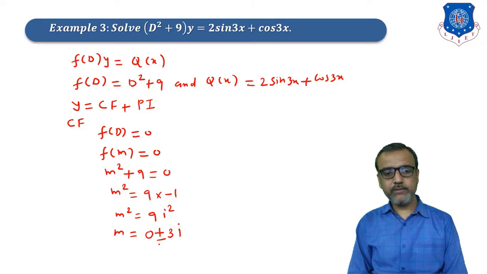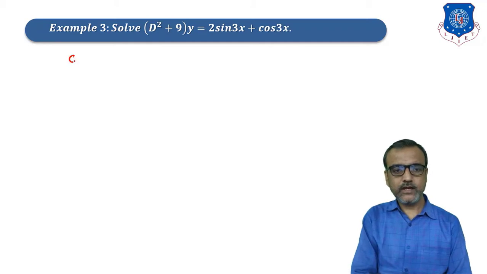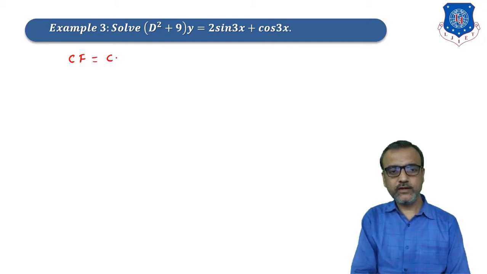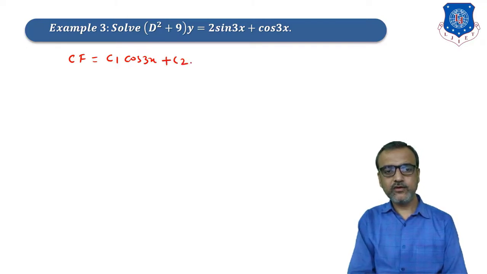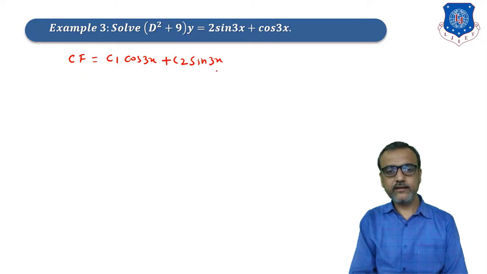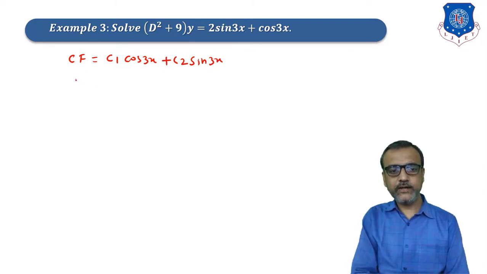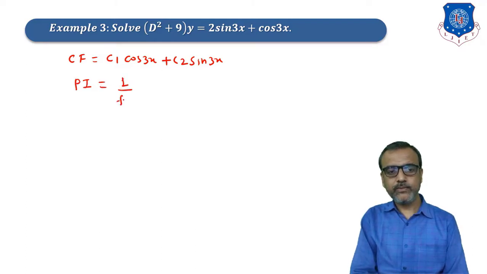Now based on this complex number we will write down CF. So CF equals C1, e raised to 0x is 1, so no need to write down e raised to 0x, cos 3x plus C2, again e raised to 0x is 1, so no need to write down e raised to 0x, sin 3x. So this is required CF. Now we will find out PI. PI equals 1 upon f of D Q of x.